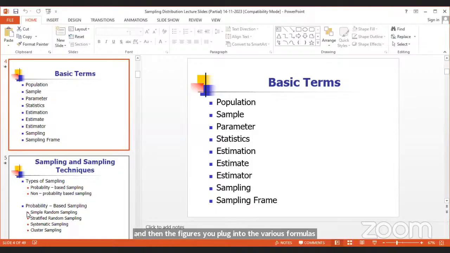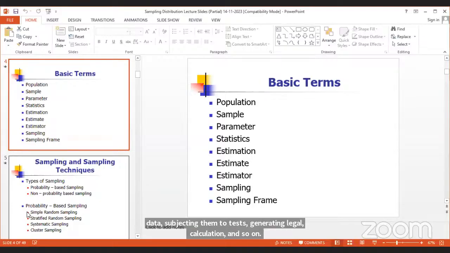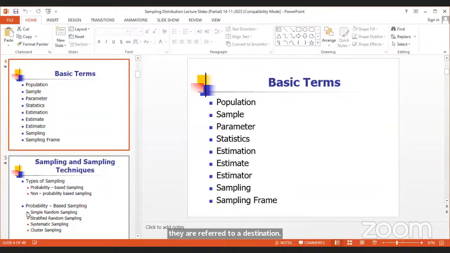All those steps, collecting data, subjecting them to tests, generating figures, calculating, and so on, are referred to as estimation. So estimation is the procedure for calculating the value of the unknown population parameter.